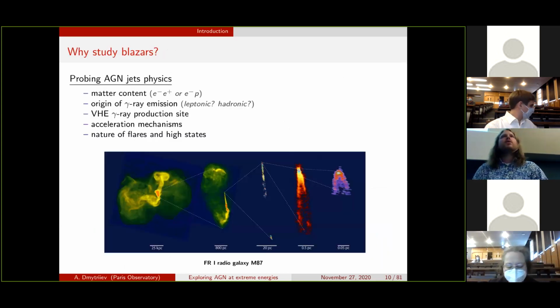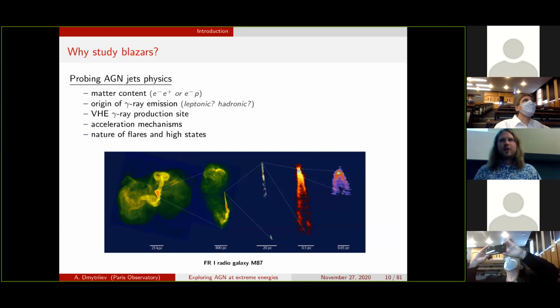So why do we want to study blazars at all? Why is it interesting? The nature of flaring activity is poorly known, as I mentioned. Then we're not sure about the matter content in the jets. So we want to study jets, which unfortunately we cannot reproduce in laboratories.